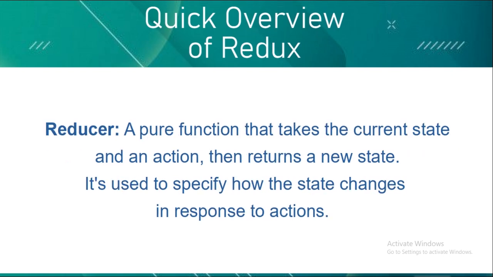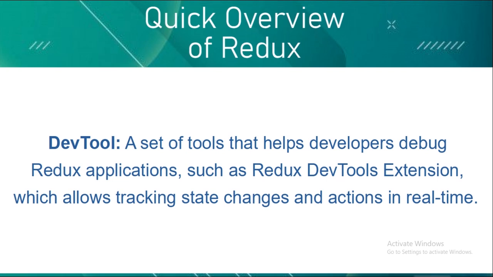We also have a reducer, which is a pure function that takes the current state and an action, then returns a new state. It's used to specify how the state changes in response to actions. DevTools are a set of tools that help developers debug Redux applications, such as the Redux DevTools extension, which allows tracking state changes and actions in real time.